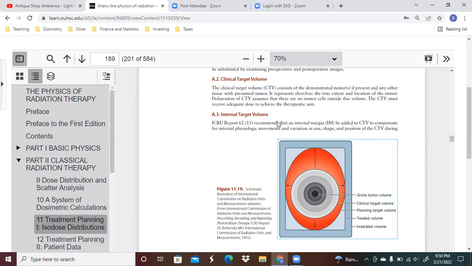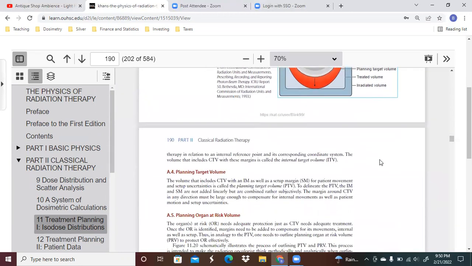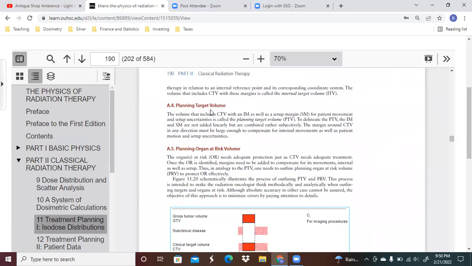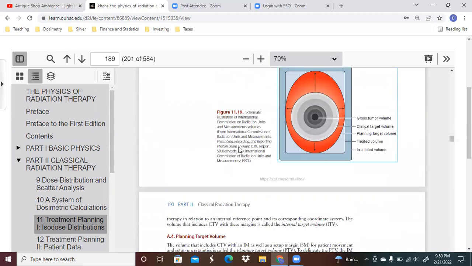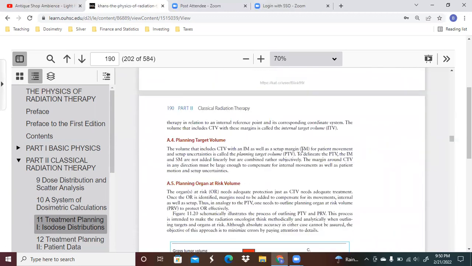You've got the internal target volume added to the CTV to compensate for internal physiologic movements, variation in size, and things of that sort. PTV, planning target volume. PTV is basically going to include your CTV with, again, the IM, the internal margin, as well as a setup margin for patient movement and setup uncertainties.